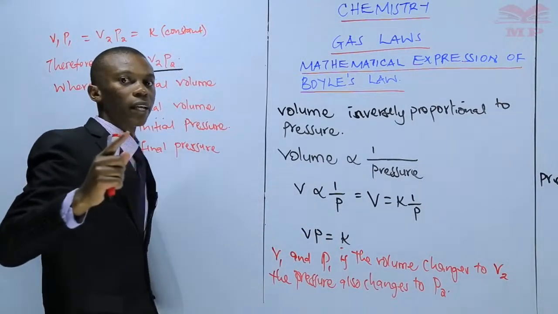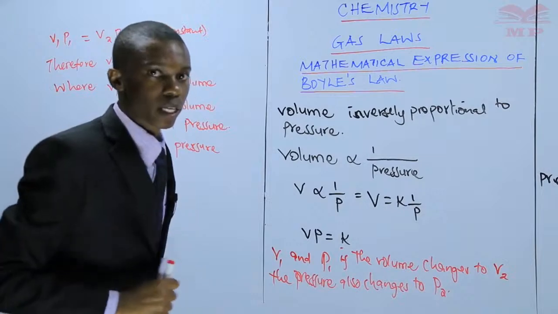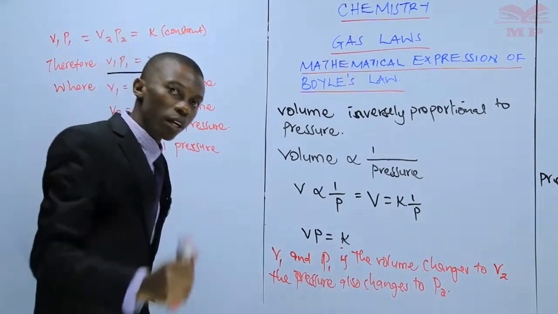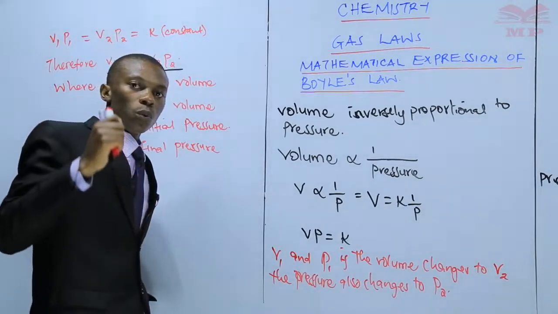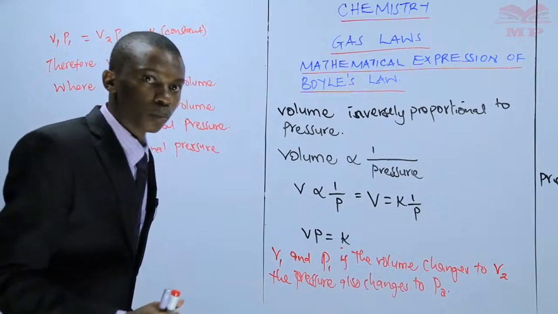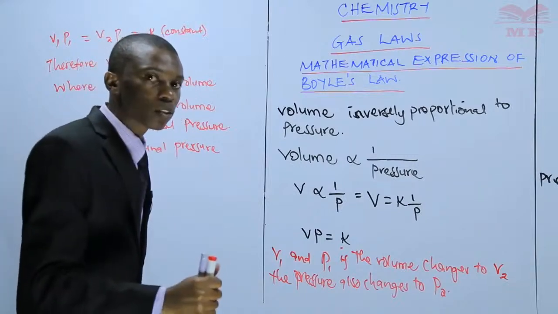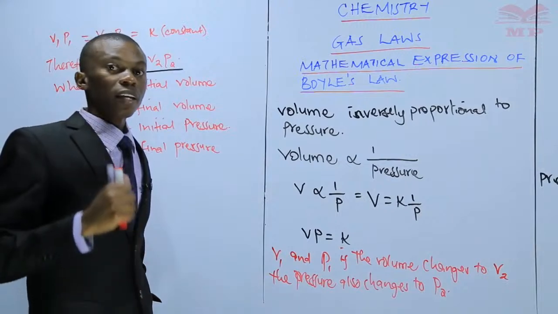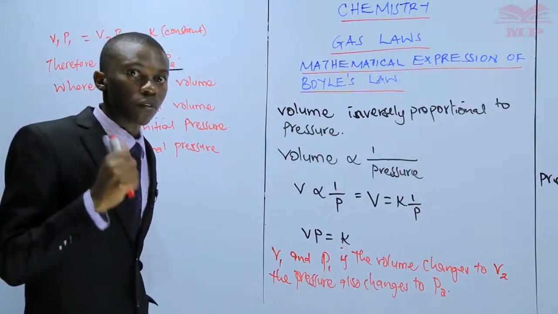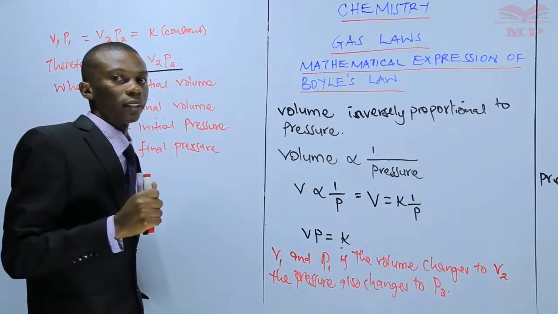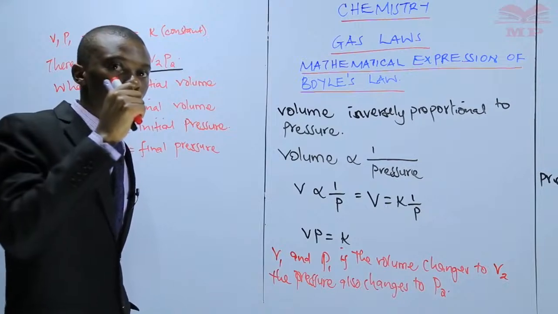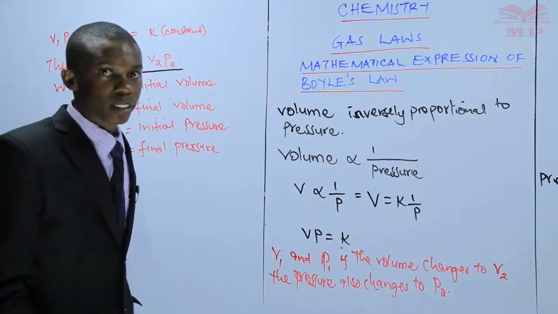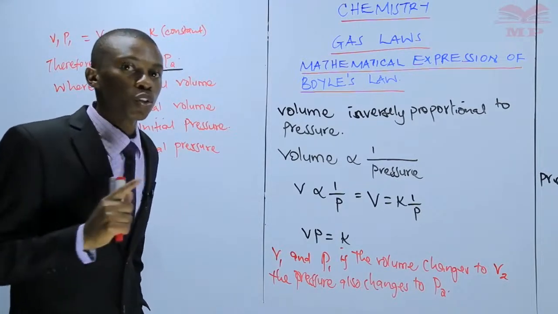And again, I've said that if you have a certain mass of a gas, with a certain volume, because a certain mass of a gas will have a certain volume. If you change the volume of that gas, you either raise it or you lower it, the pressure will also change.